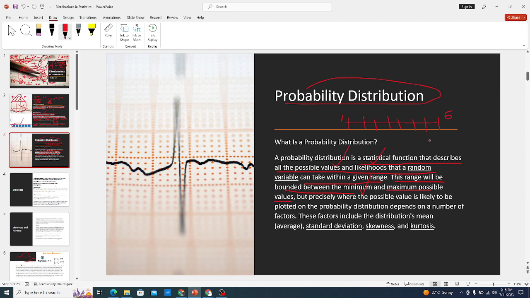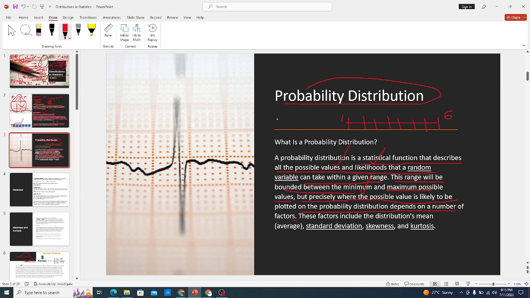But precisely where the possible value is likely to be plotted on a probability distribution depends on a number of factors.